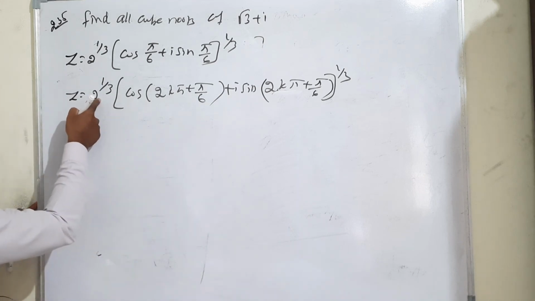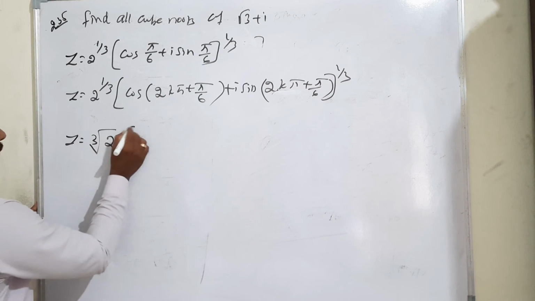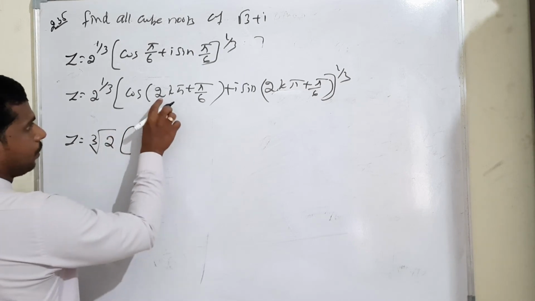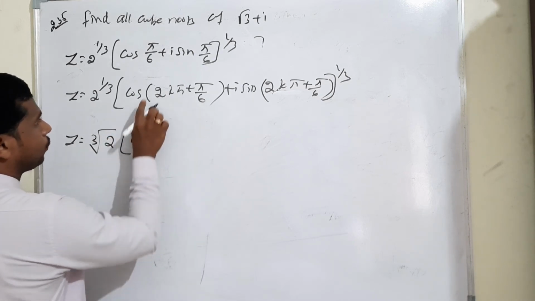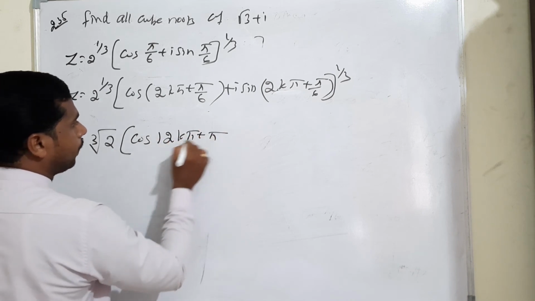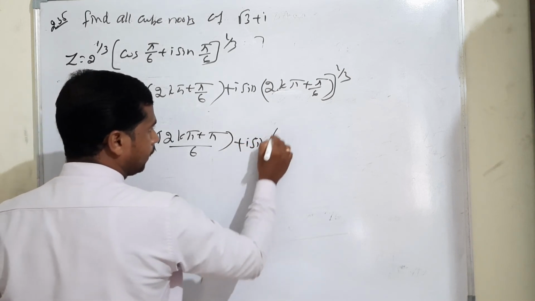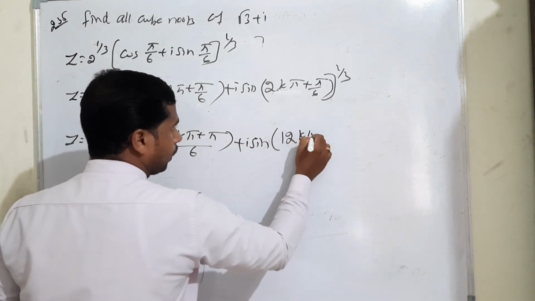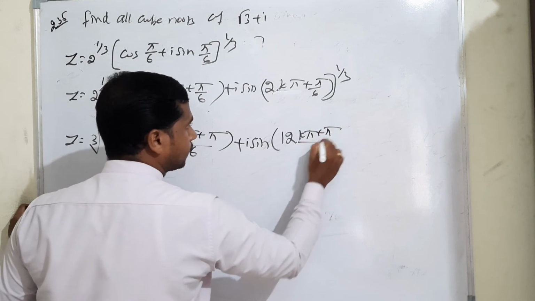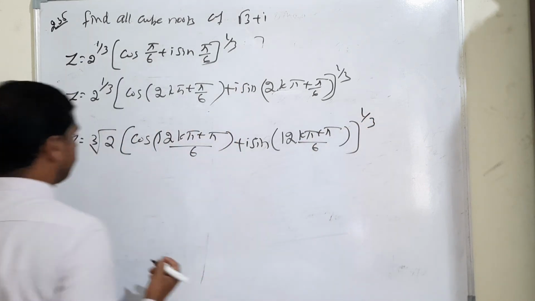So now we can write z is equal to cube root of 2. Then first we have to cross multiply: cos of 2 into 6, 12k plus pi by 6, then plus i sin of 12k plus pi by 6, the whole power of 1 by 3.